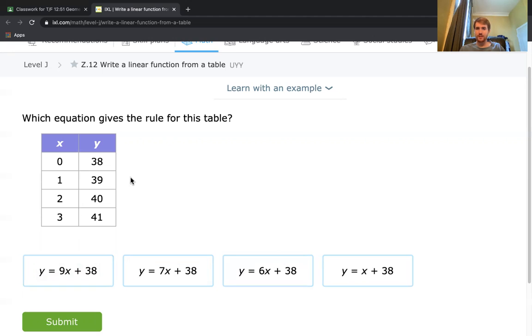Now, one of the cool things about this is that these tables are actually just a series of points. So if you have a graph, and this isn't a good example because the numbers are so big, then this is saying when x is 0, so that's right in the middle, y is going to be 38.